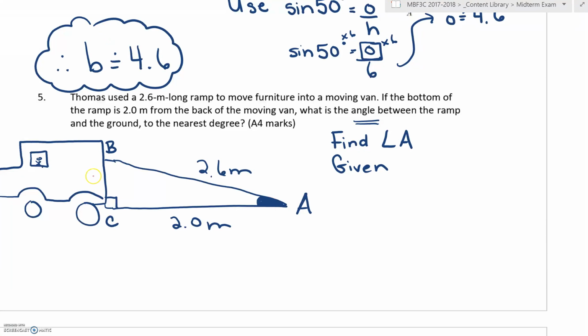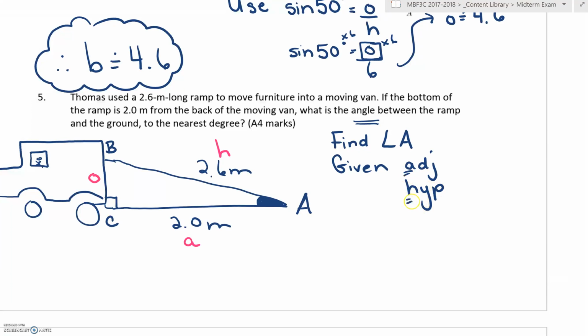So from angle A, the opposite is between side B and C. The hypotenuse is the one directly across from the 90 degrees, and that leaves us with the adjacent being at the bottom there. So we're given the adjacent, and we're also given the hypotenuse.